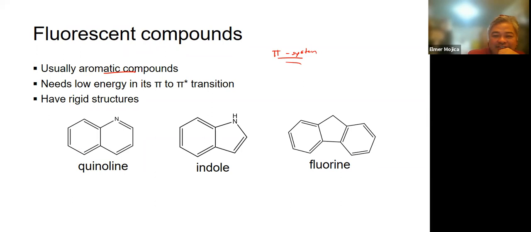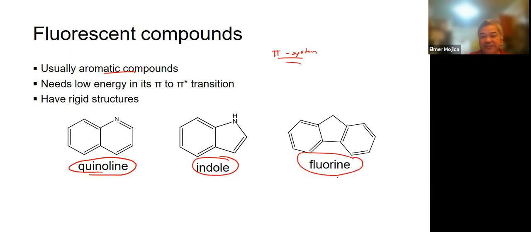And the thing with them is you're going to need low energy in its pi to pi star transition. And usually they have this rigid structure. Okay? So merong example dito, all of them are what? Ring system. Yung quinoline, yung indol, saka yung fluorene. And even the so-called polyaromatic hydrocarbons.